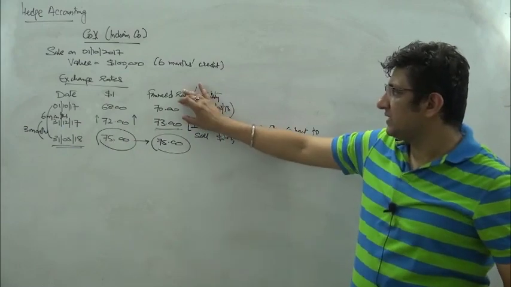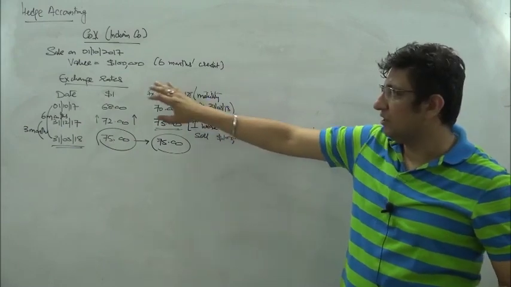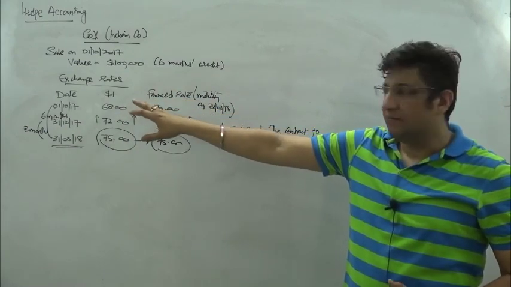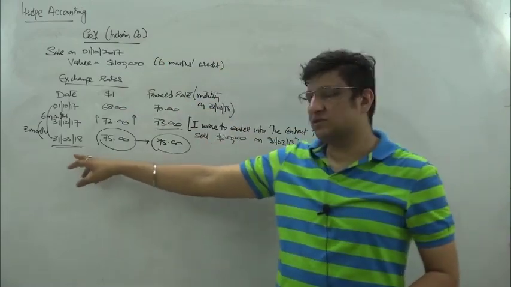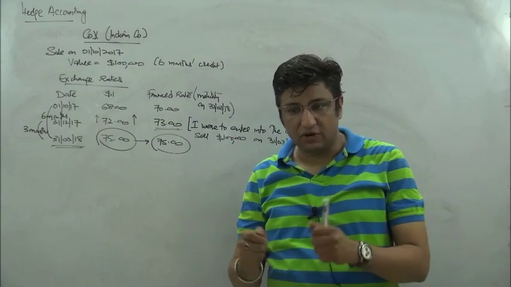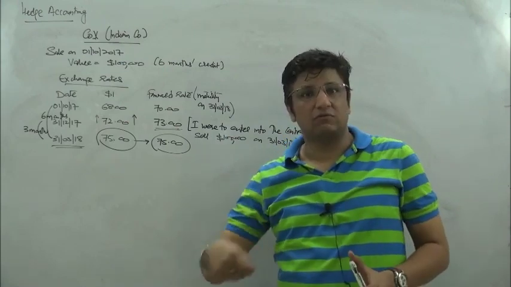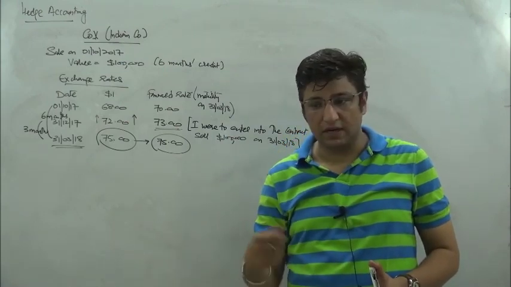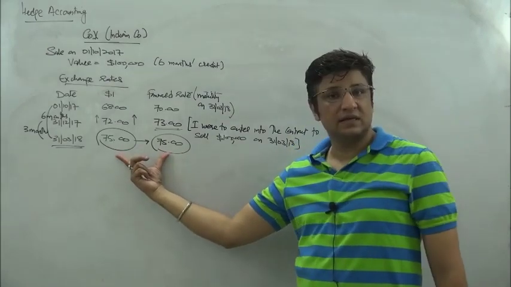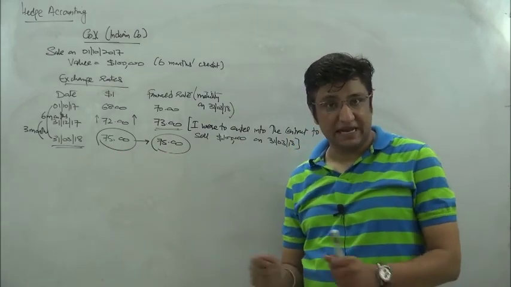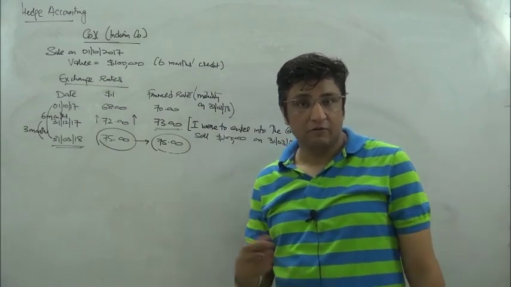I had booked my rates at 70 on 1st of October already. But if I don't book that, and I rather go to the bank on 31st of March 18 and ask them, I've got $100,000 with me, at what rate are you going to buy these dollars from me? Of course, the spot rate and this forward rate on the same date will exactly be the same. What does it mean now?